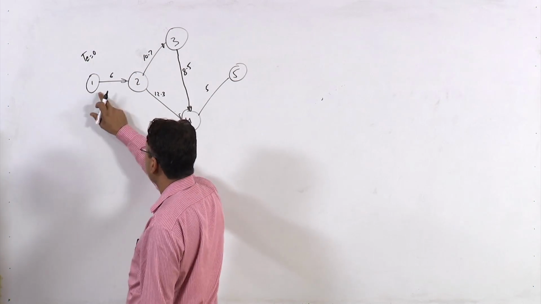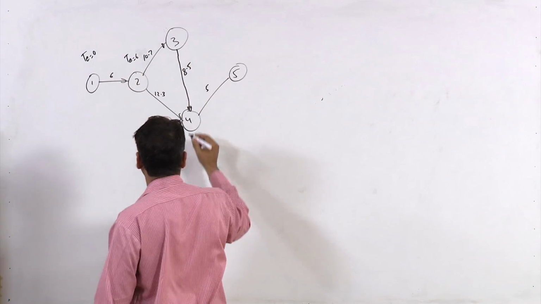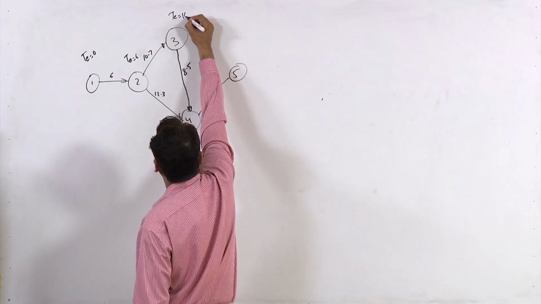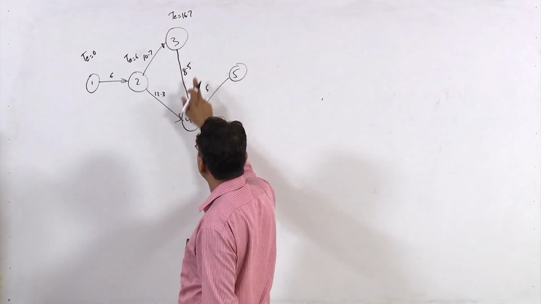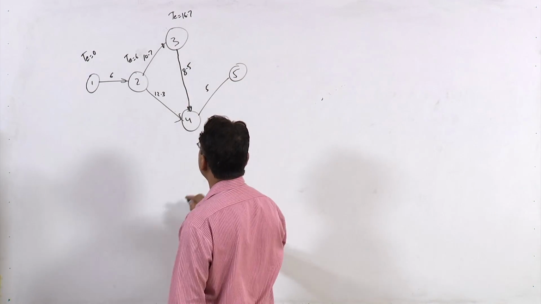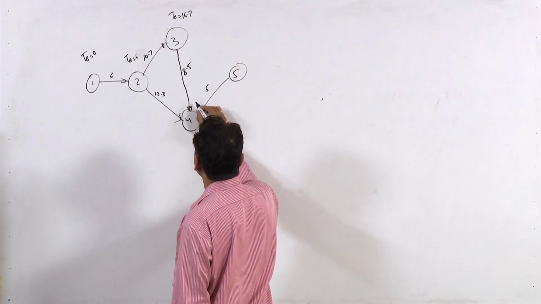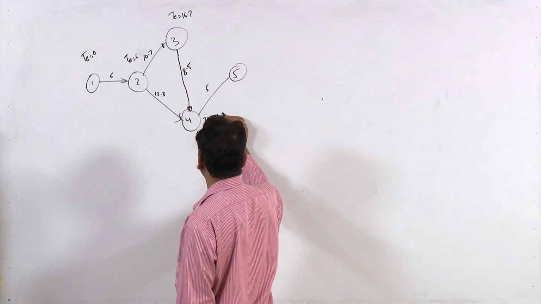So TE is equal to 0 here, TE is equal to 6 here, TE is equal to 16.7, and of course 16.7 plus 8.5 is 25.2. So TE at this node is 25.2.